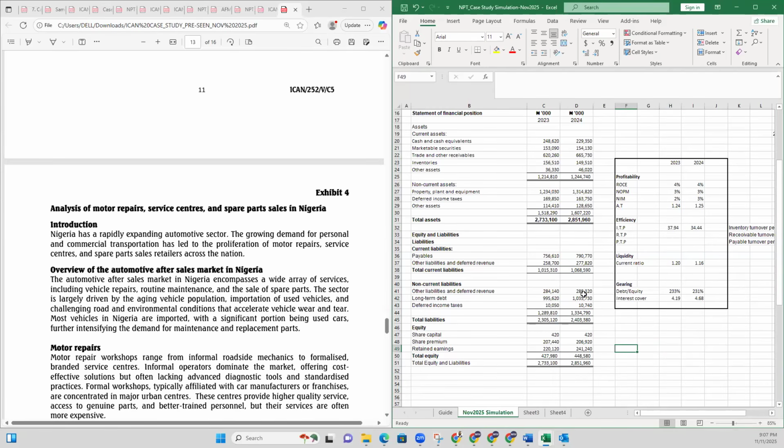At least you have information to tell you that FOLAC Nigeria Limited is an indigenous automobile company that is into sale and distribution of both new and used cars. And by the time we are done with the second part of the simulation, you are probably all able to add that they are considering whatever it is that they are considering, that you're able to simulate at the end of the day.